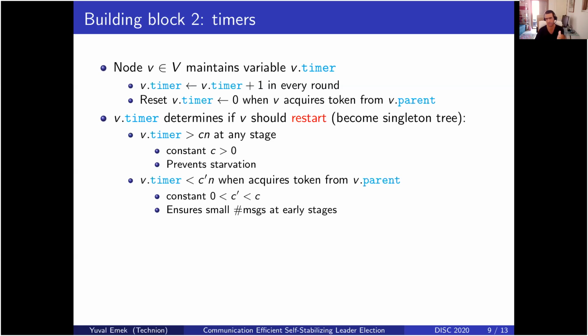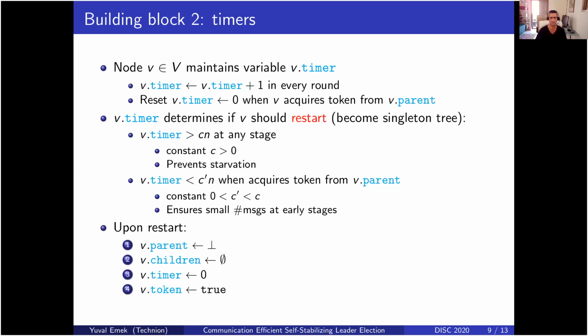Now, we talked about this restart, turning the node into a singleton tree. This is implemented simply by setting the parent to be bottom, the children to be an empty set, setting the timer to 0, and the token variable to true, indicating that V holds a token.